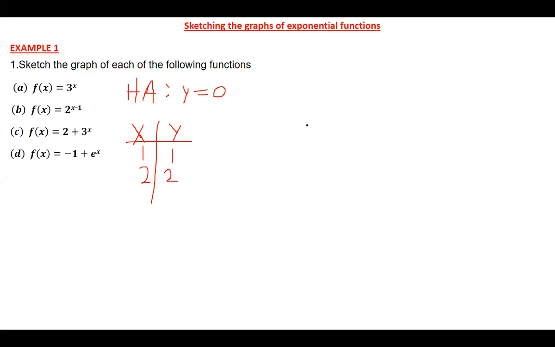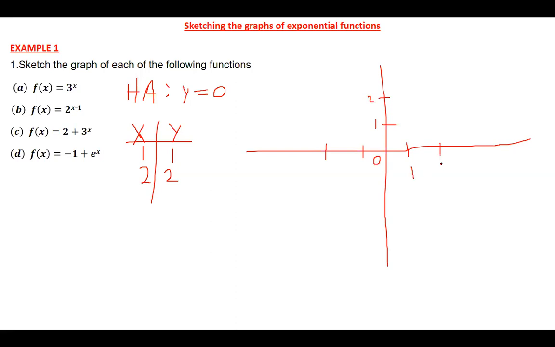All right. So we do a quick sketch. We have 1, 2 on both axes.